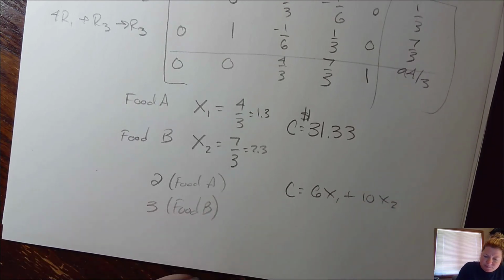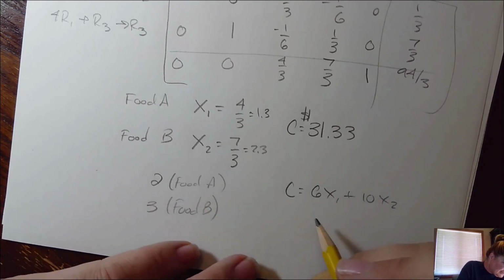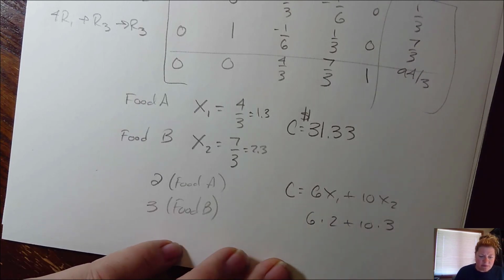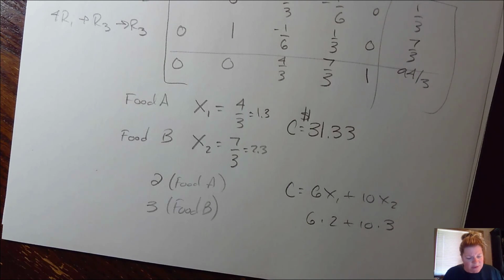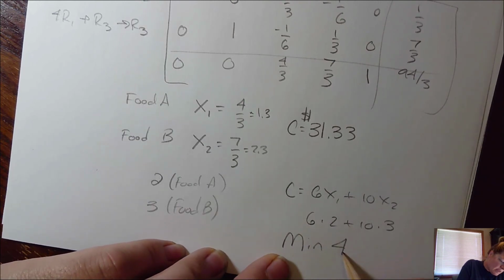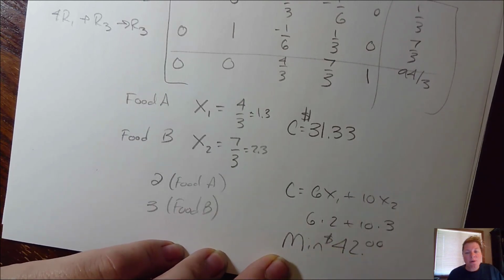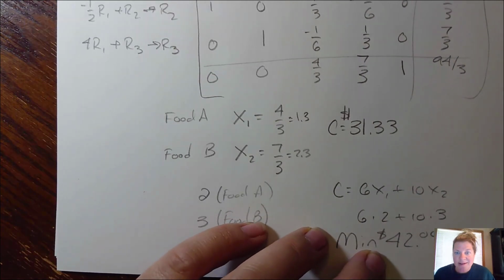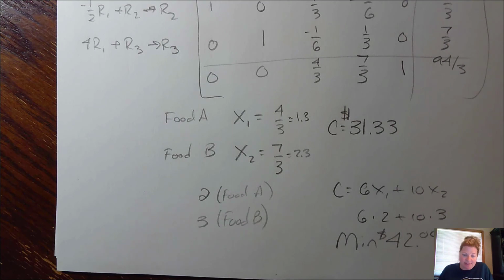So we do 6 times 2 plus 10 times 3. For some reason on my notes, I changed that to a 1. I don't really know why. It's going to give me 42. So our true minimum cost is $42, not 31, because we can't buy part of something.